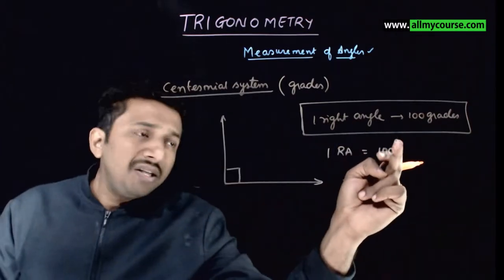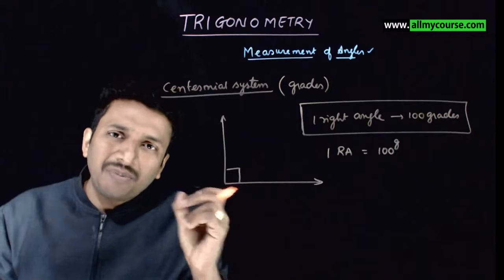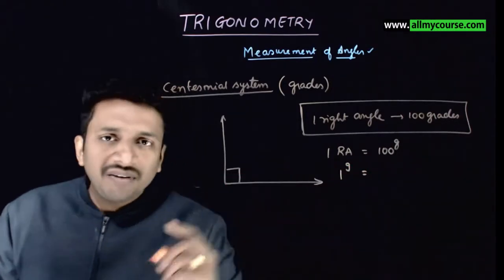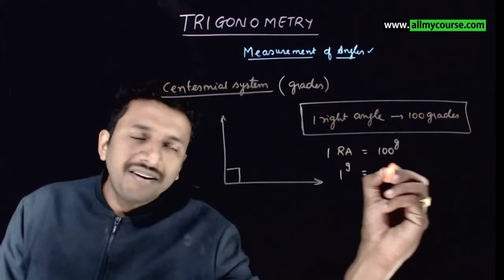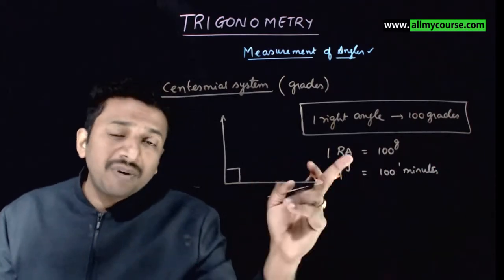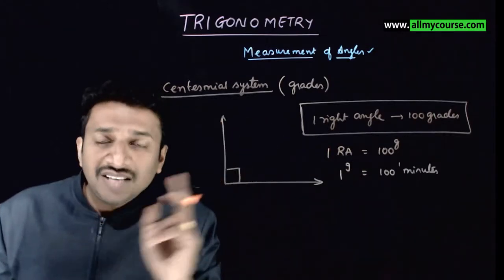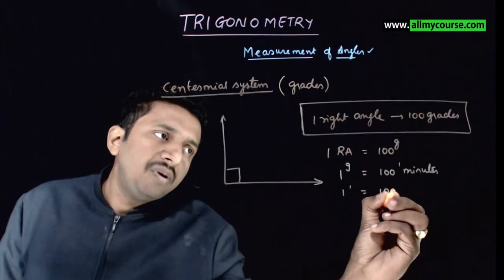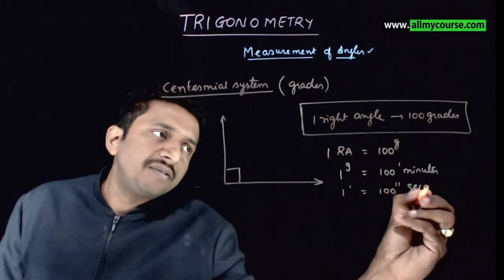I use a superscript g to represent grades, and one grade is further divided into 100 minutes. These are also called minutes, but these are minutes of the centesimal system, centesimal minutes. And 1 minute is further divided into 100 seconds.